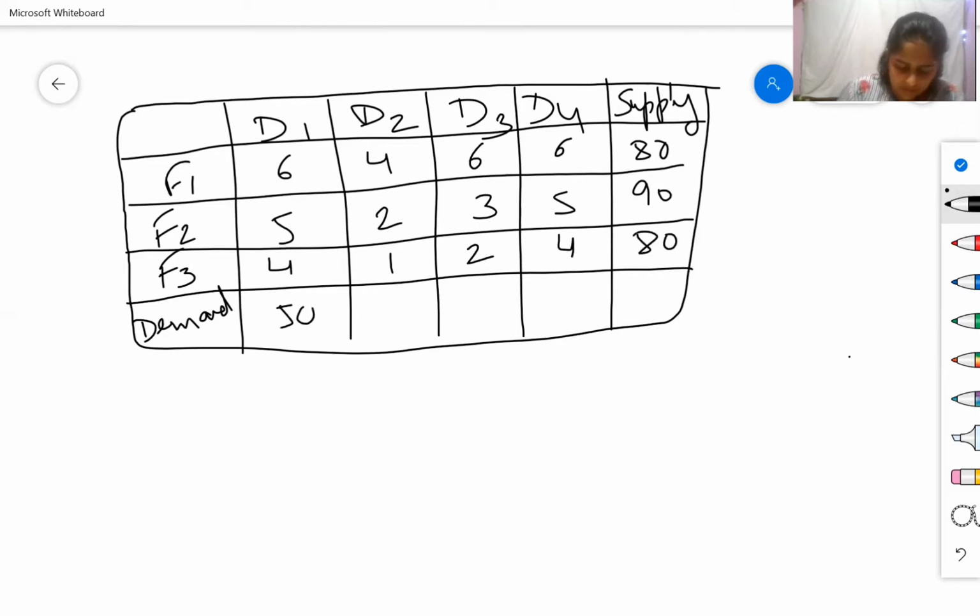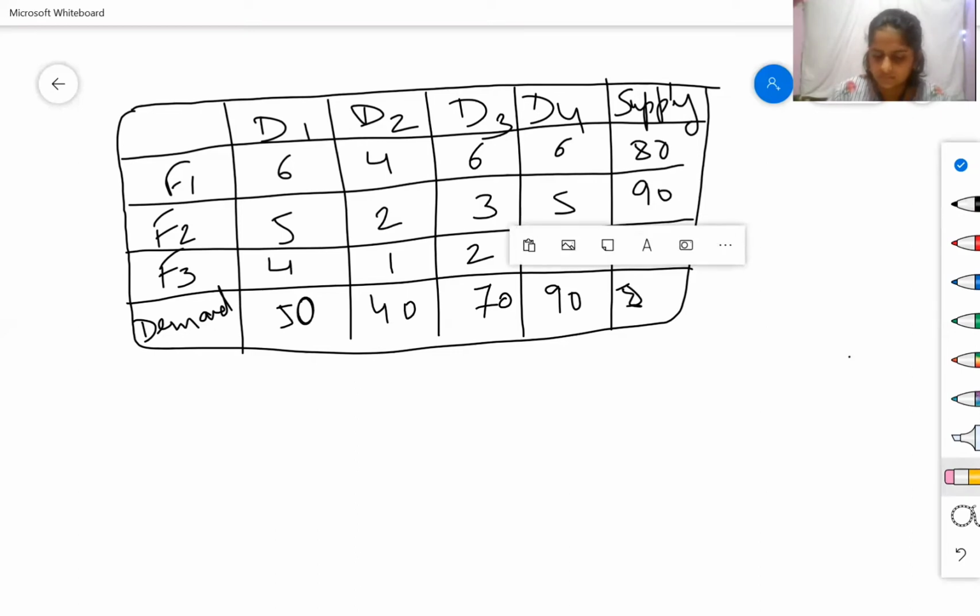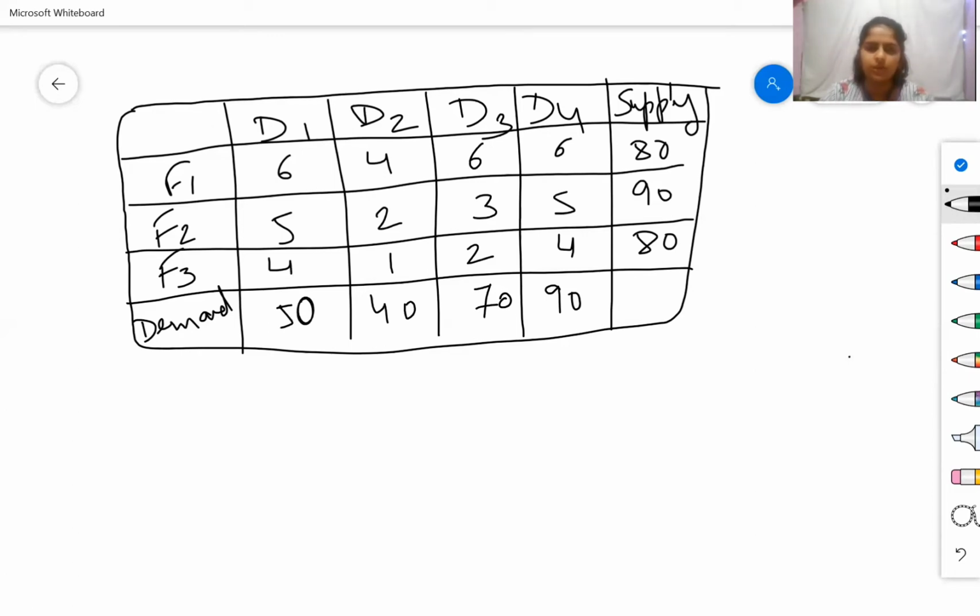Demand is 50, 40, 70, 90. So the first step is similar to the northwest corner method.